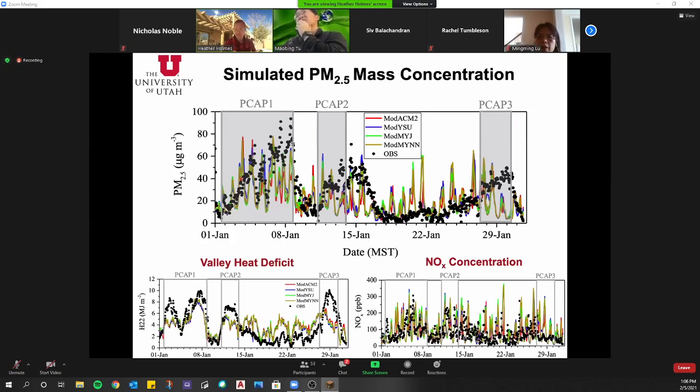We see less of a difference in the simulated air pollution concentrations, which is interesting, but also not interesting, because you would expect the turbulence model differences to propagate through to the PM modeling differences.